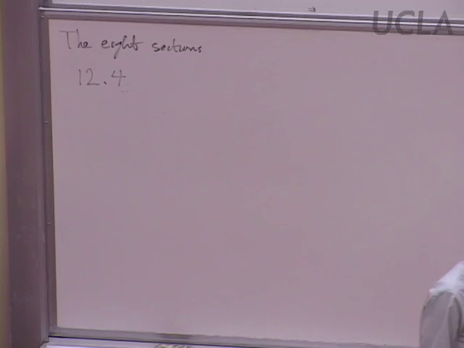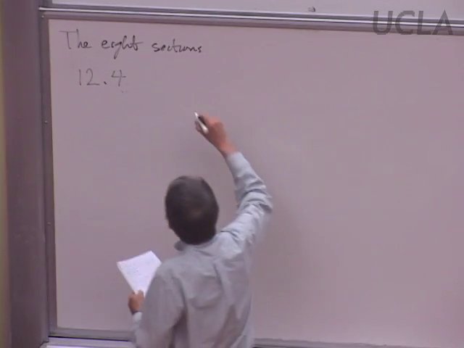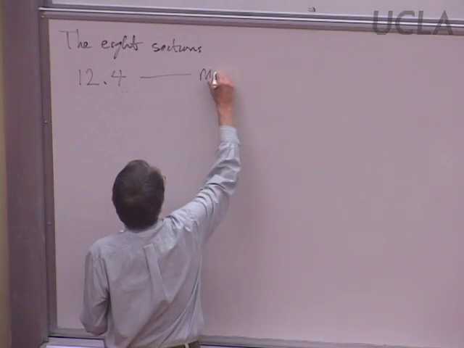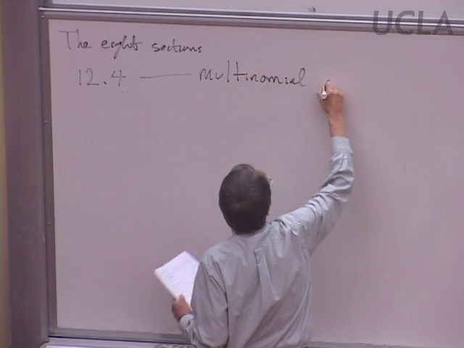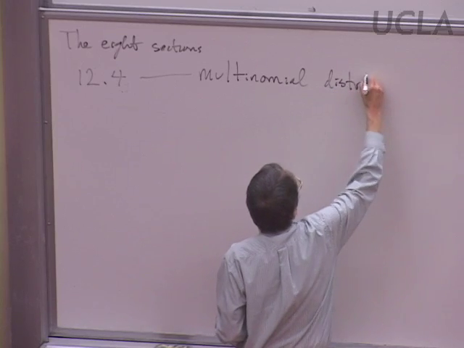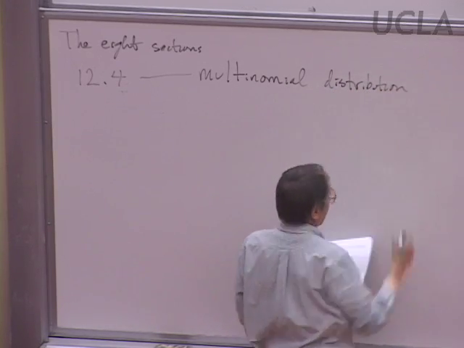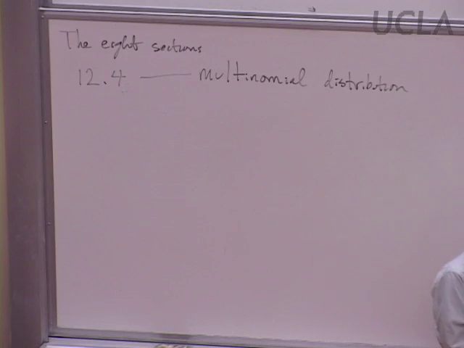Perhaps they should be called subsections. In 12.4, there are 3 subsections. There's the multinomial distribution. Now, the binomial distribution was on the first midterm.